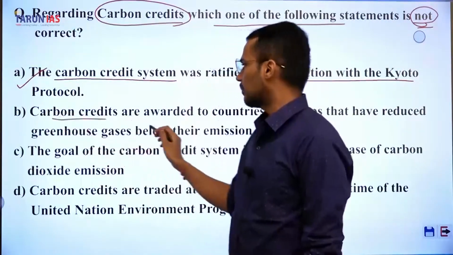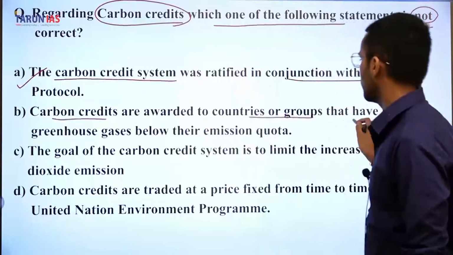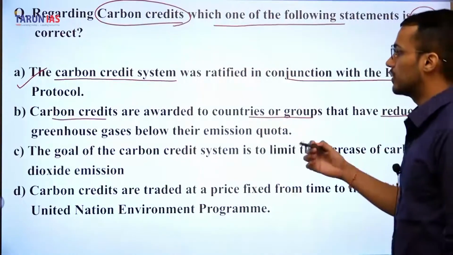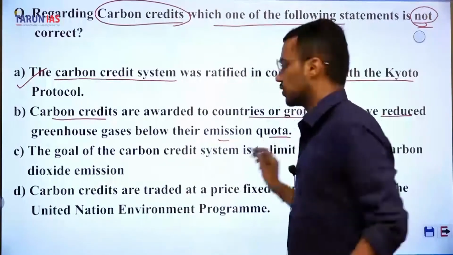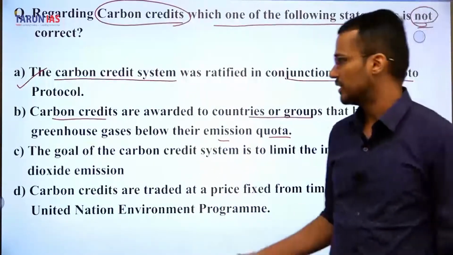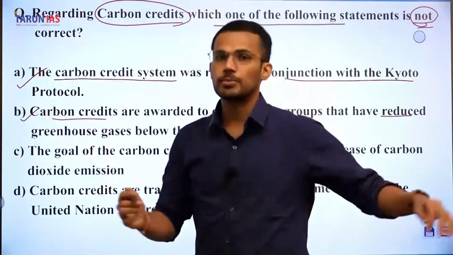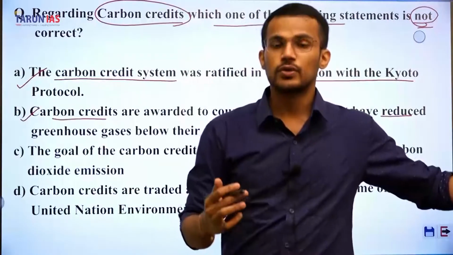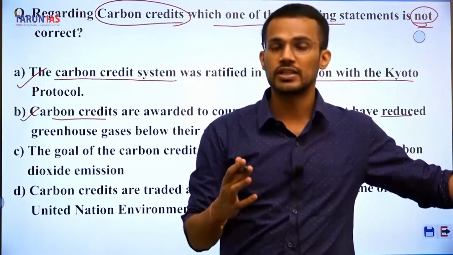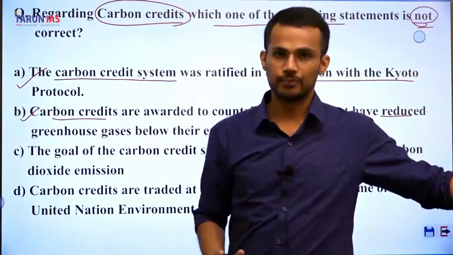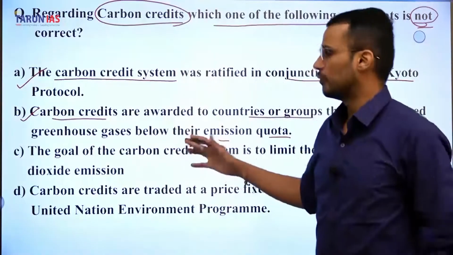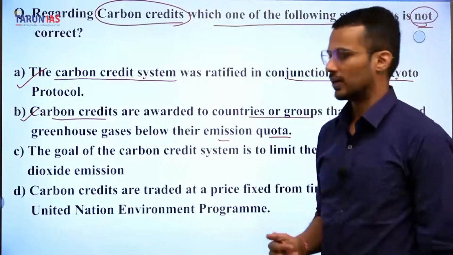Option B, carbon credits are awarded to countries or groups that have reduced greenhouse gases below their emission quota, right? So this statement is correct, because carbon credits will be given to those countries which have reduced the emission of greenhouse gases beyond the stipulated level, and that's why they will be able to earn carbon credits.